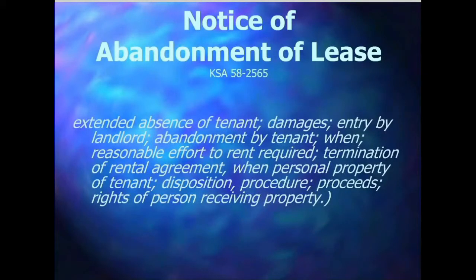Notice of Abandonment of Lease, KSA 58-2565. Extended absence of tenant, damages, entry by landlord, abandonment by tenant, when reasonable effort to rent required, termination of rental agreement, when personal property of tenant, disposition, procedure, proceeds, and rights of person receiving property.